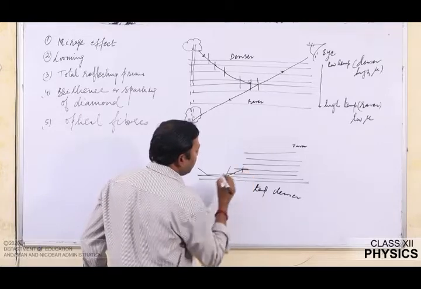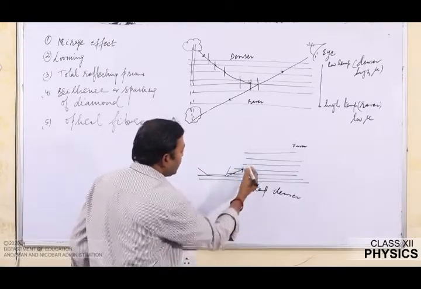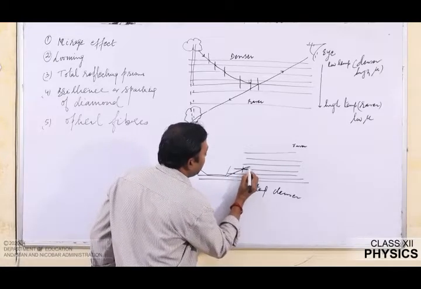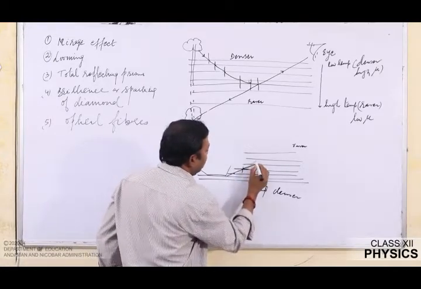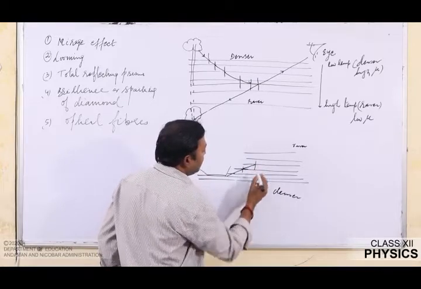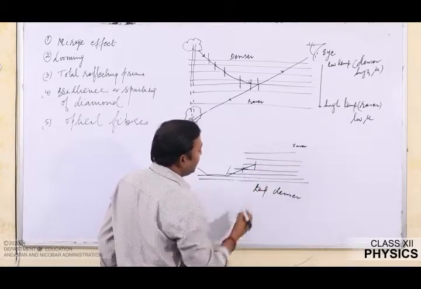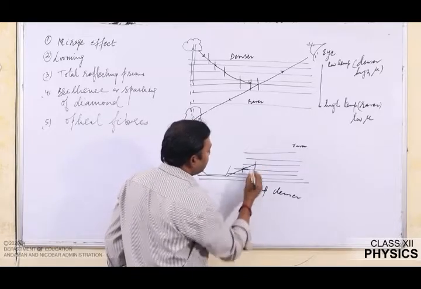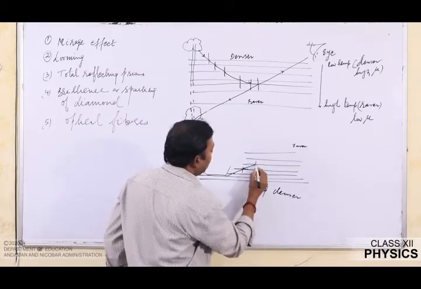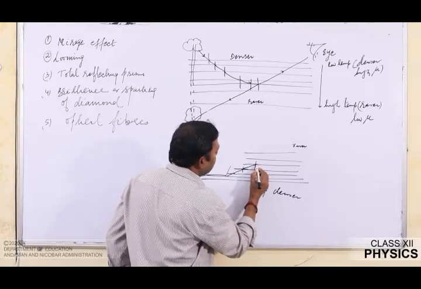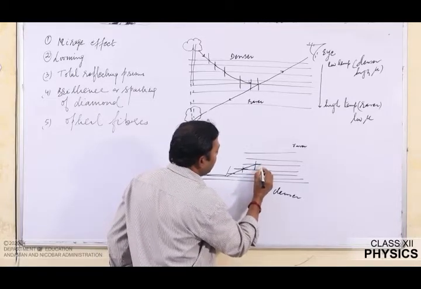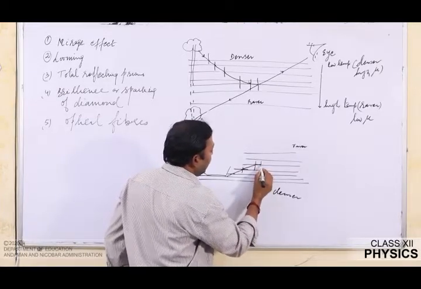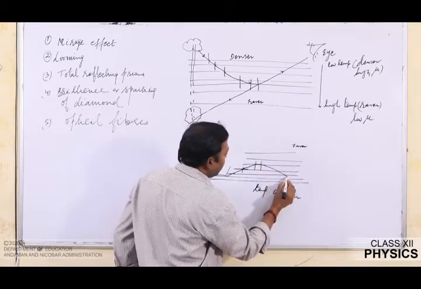Now, at the first layer it is moving from the denser to the rarer medium, so it bends away from the normal. Then when it strikes the second surface, the medium becomes further rarer, so it again deviates from the normal. At some distance, after some time, it moves normal to the surface, and again it reflects back into the same denser medium.